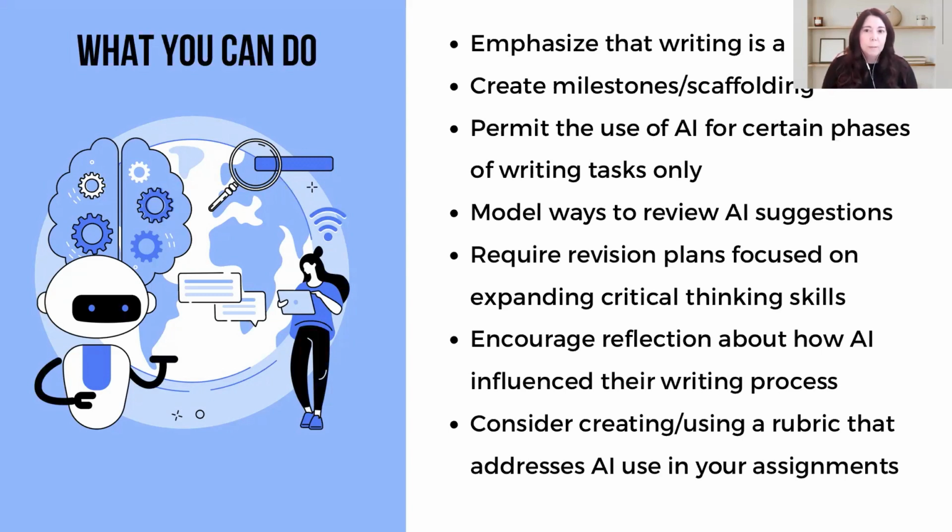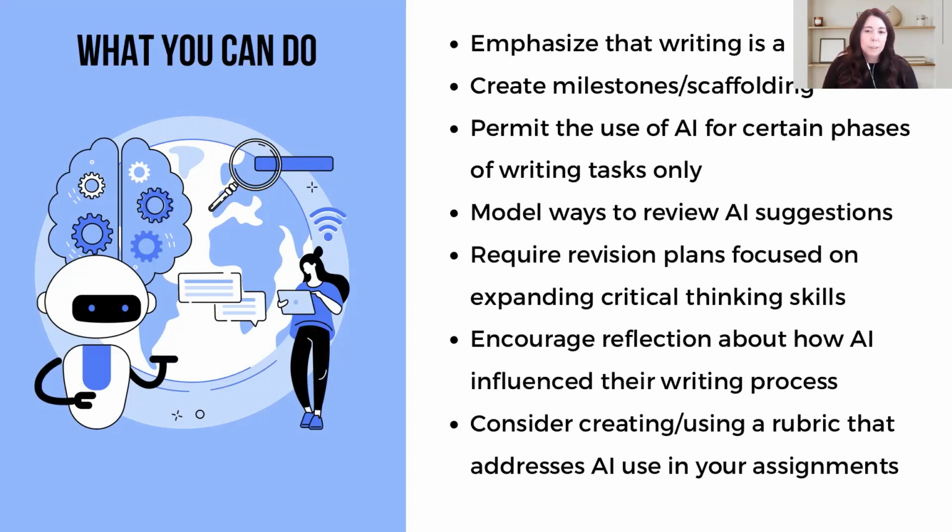We've also talked about how, although there are a variety of AI tools that you can use throughout the writing process, and Peg will tell us more about that in a minute, we might encourage the use of AI tools for only certain phases or writing tasks. And this is a good chance for you to reflect on your answers that you put in the poll a couple of moments ago.